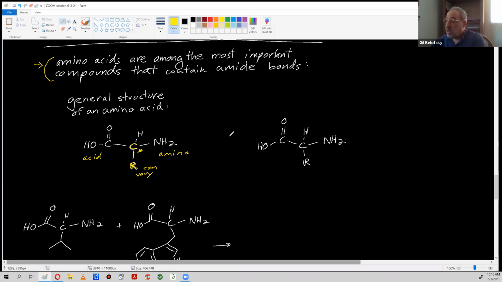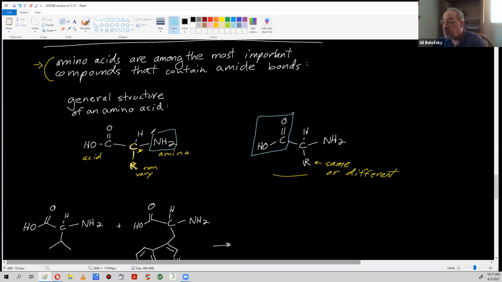So you can link one amino acid. If we bring another amino acid in here, where the R group can be the same or different, clearly we can see that we have the same setup as above with a carboxylic acid group and an amine group and the potential loss of water to link up in an amide bond.